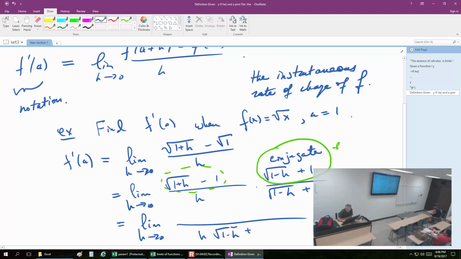What happens to the numerator if we multiply these two? On the left I have the difference, on the right I have the sum. Remember the formula? Difference times the sum: a minus b, a plus b.